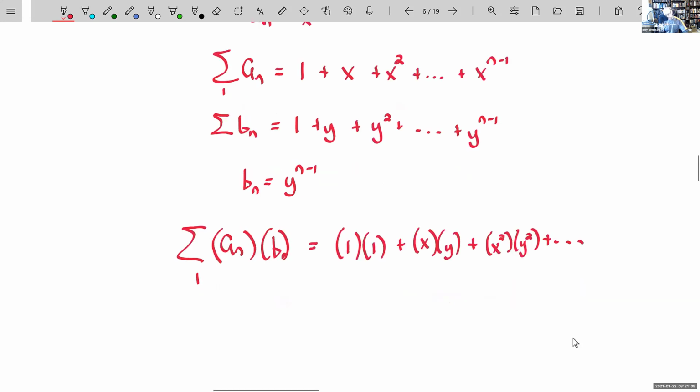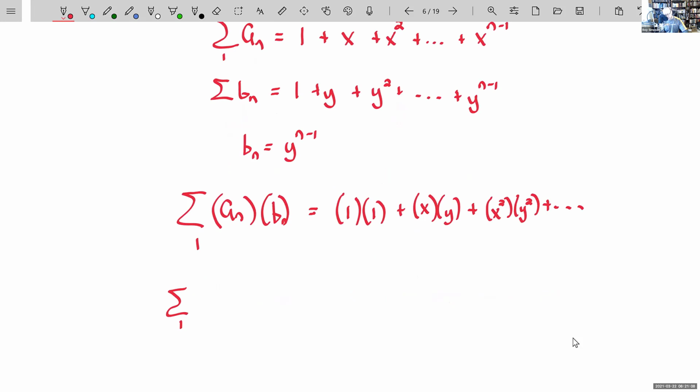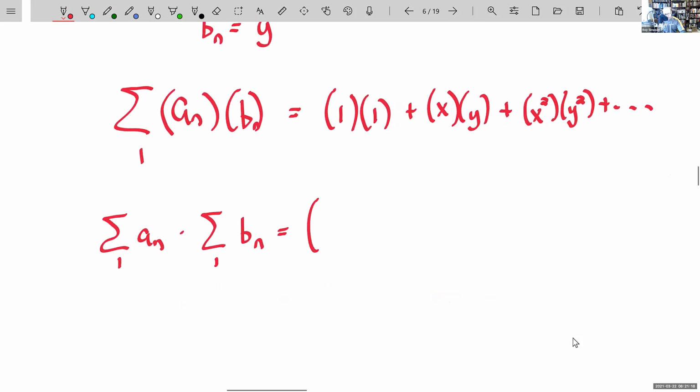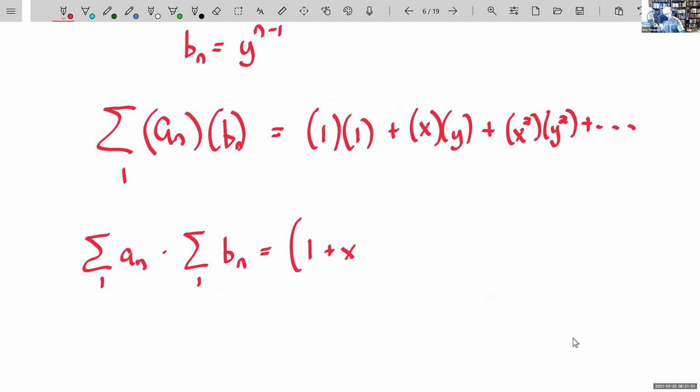Now think about this. What if it was a sum from 1 to infinity of a sub n times the sum from 1 to infinity of b sub n? Well, let's see. The summation of a sub n is going to be 1 plus x squared plus dot, dot, dot.